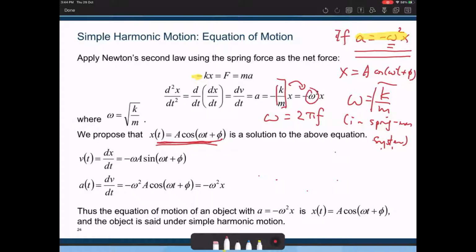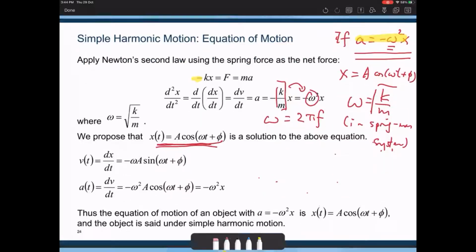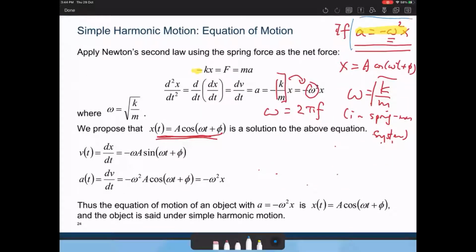And for the general solution, in the case of the equation at the top, here, this one, the general solution is this one: x equal to A cosine omega t plus phi. The exact values of A and phi have to be decided case by case.